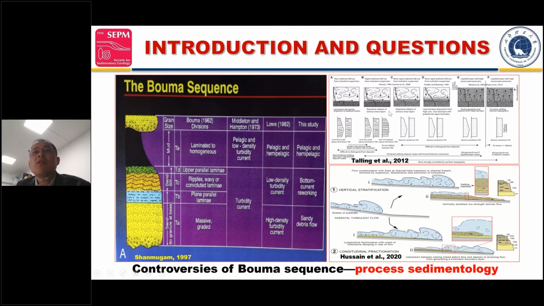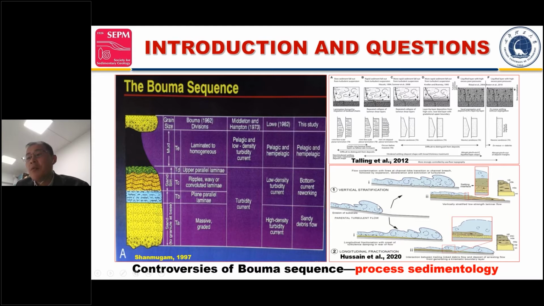This controversy also extends to other phenomena, such as the formation mechanism of the massive sandstone, especially the controversy between the sandy debris flow and high density turbidite current. Also, in recent years, the formation mechanism of the hybrid event bed has different interpretations, such as vertical fractionation and longitudinal fractionation.